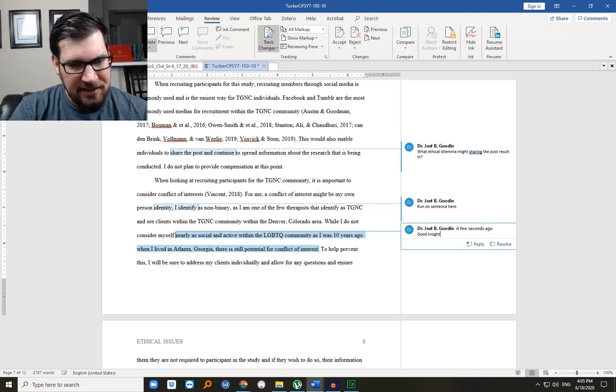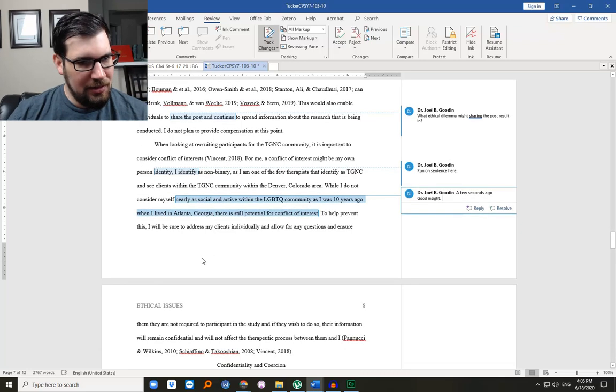I'm just going to say good insight, because they're pointing out that they may be biased in some ways because of their relation to the target population.